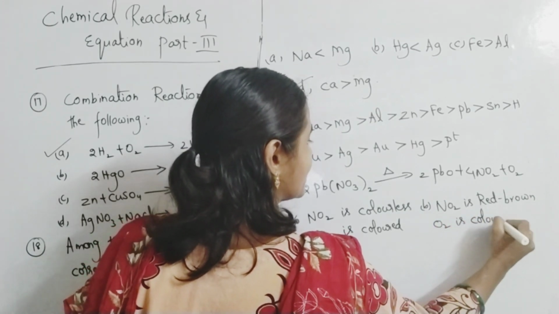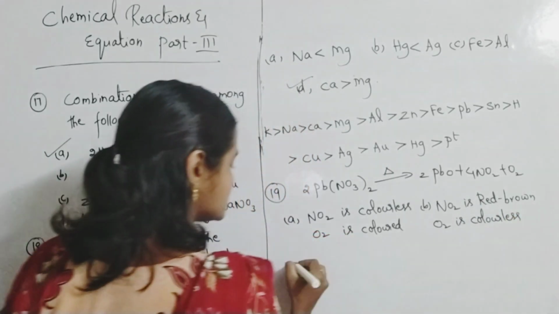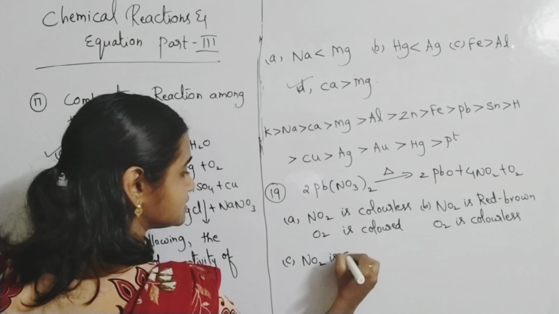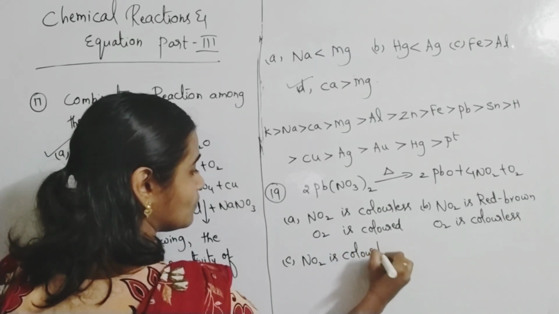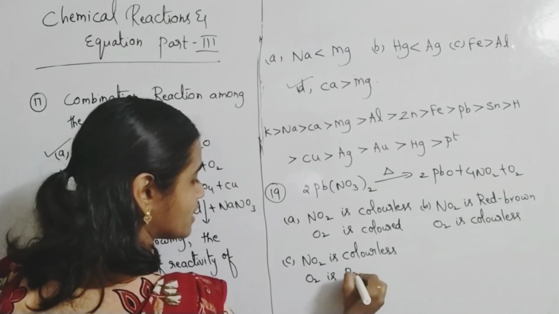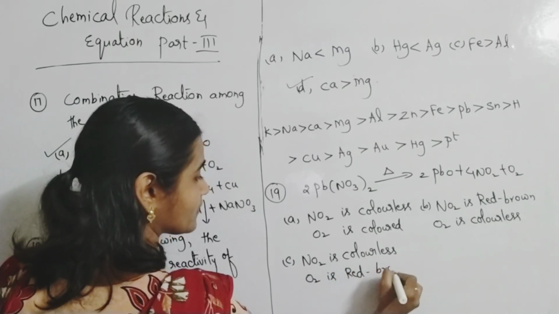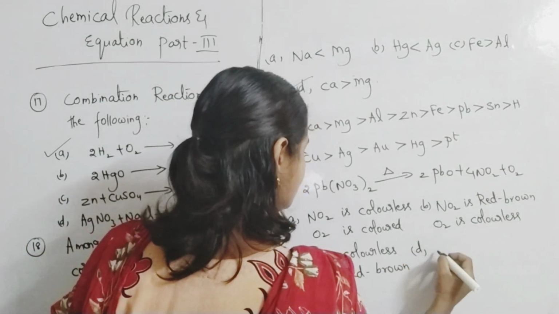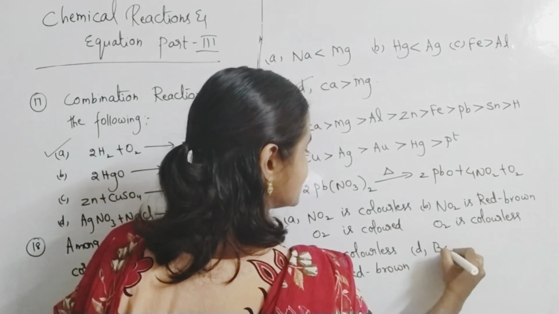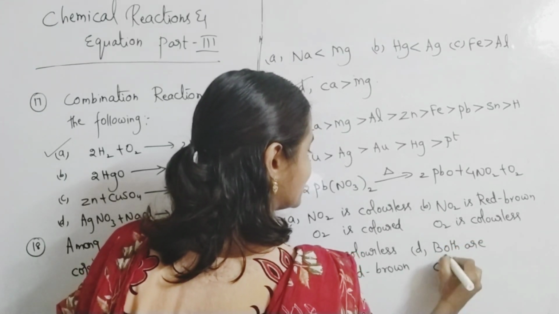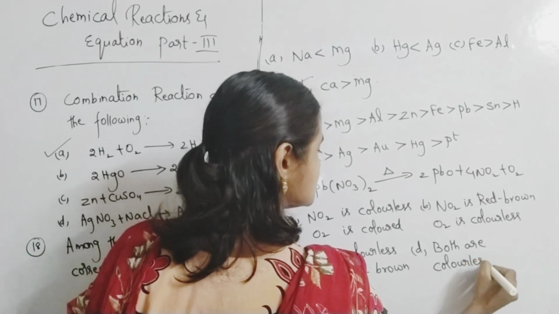Option C: NO2 is colorless, O2 is reddish brown. Option D: both are colorless.